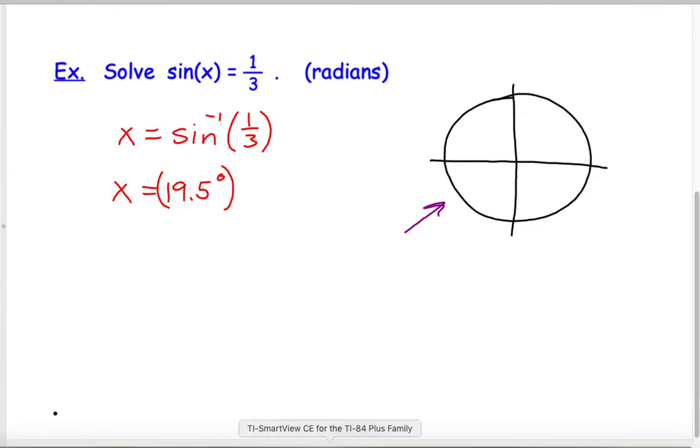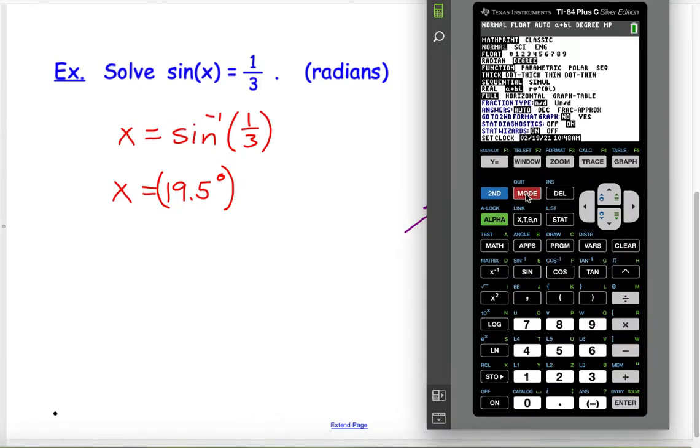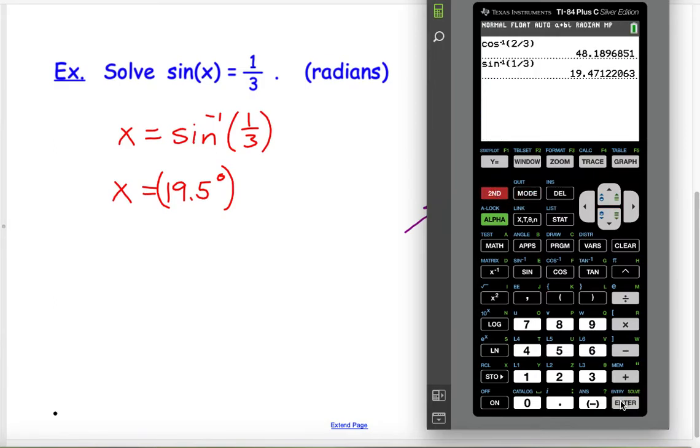Now let me go back and calculate it in radians. Mode, switch to radians, press second enter. So let's go 3 decimals, so 0.3398, so 0.340.